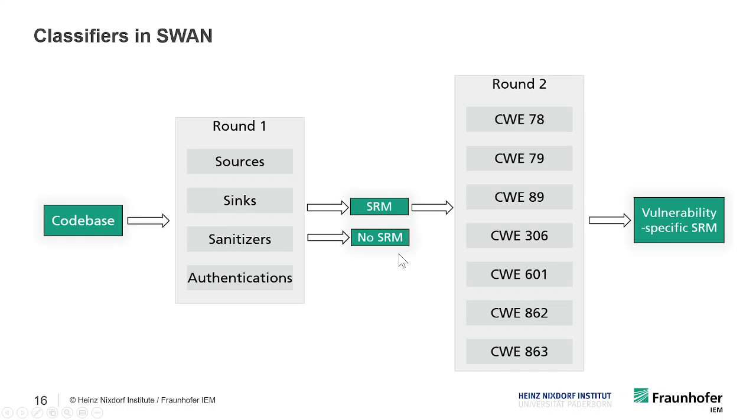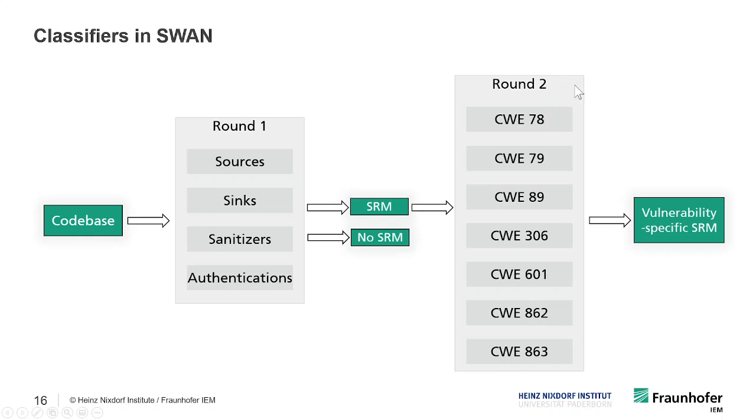In the second round, as you see, the only input is the security relevant methods that were labeled at least with one from those four. And then we have support for these seven CWEs. We do classification again.